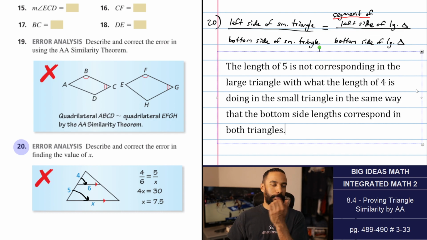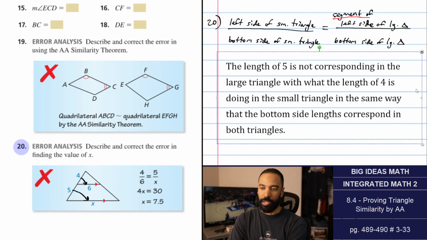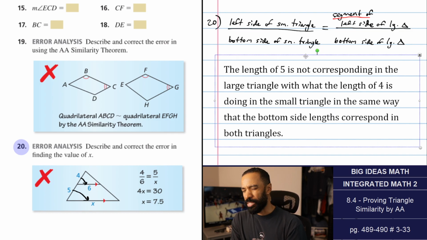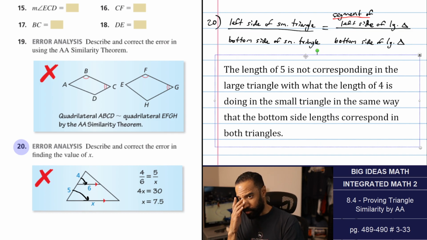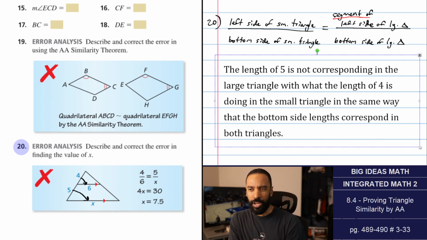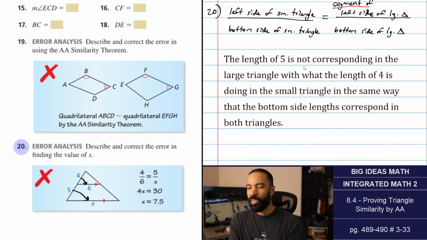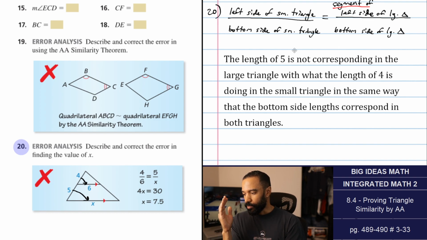Now, once again, this applies a lot more to probably section 8.6 when you use something called the, not the mid-segment theorem, I call it the side splitter theorem. There's another name, and I don't know why I'm not thinking about what it is.